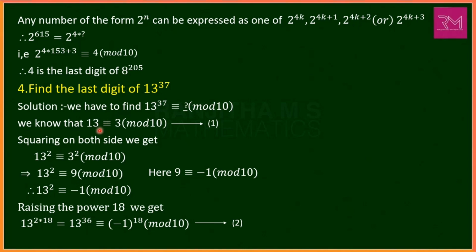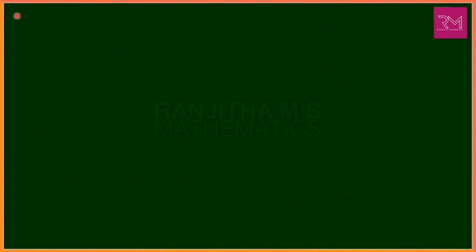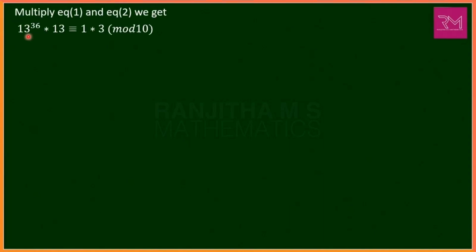So we can multiply the left hand side and right hand side separately. Multiplying equation 1 and equation 2, in the left hand side equation 1 is 13 and equation 2 is 13 power 36. If you multiply, 13 power 36 into 13 is congruent to, in the right hand side, 1 into 3, modulo 10.